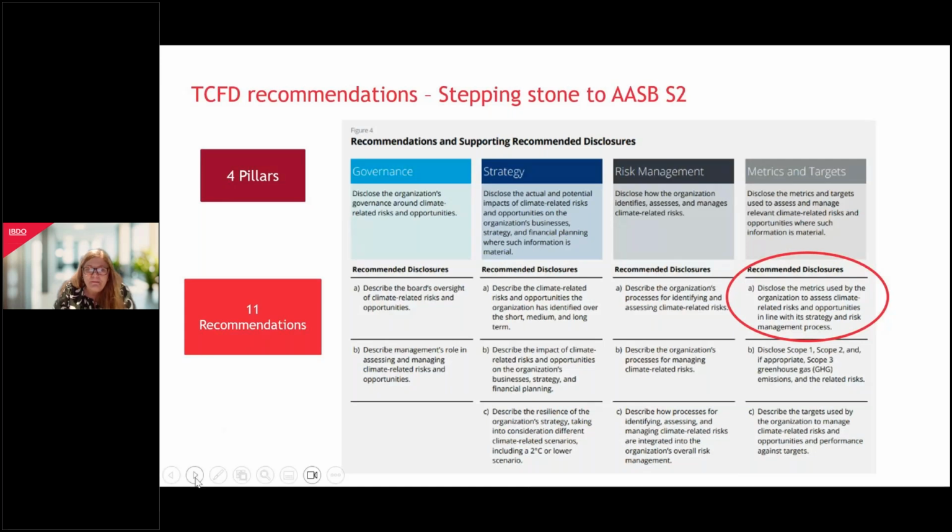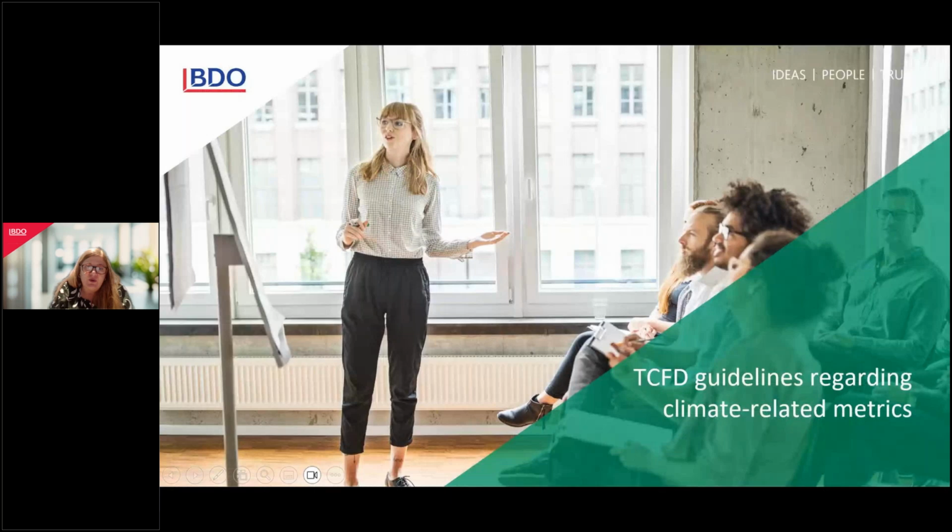So that's why we're talking about all these metrics and targets. Our TCFD recommendations, our reporting standards are saying after you've talked about governance, after you've thought about strategy, after you've considered risk management, how do you now monitor this? How do you continuously identify and assess potential risks? How do you make sure that your strategy is achieving the right outcomes? What are those metrics that you're focusing on?